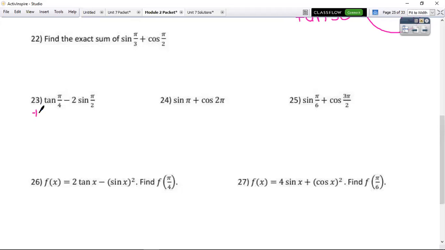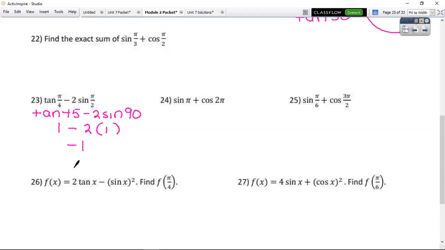So you're just going to convert this first, it's no harder. And then I'm going to go minus 2 times the sine of 90. Tan of 45 is 1. You guys remember sine of 90? Or know it? 1, yeah. So this answer is negative 1.